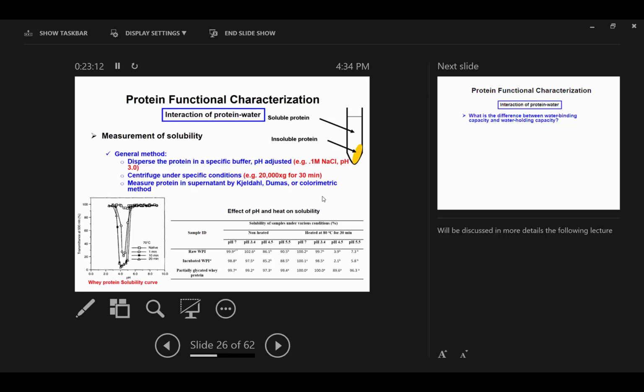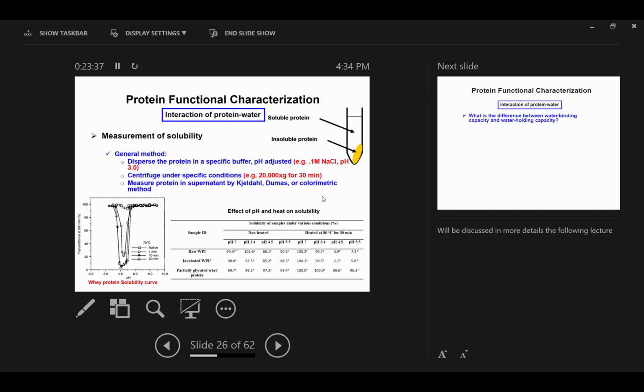When the protein is in the native state, let's say your protein is globular, take beta-lactoglobulin as a model. It's very hydrophilic on the surface, so it's going to be soluble over a wide range of pH, even around its isoelectric point.